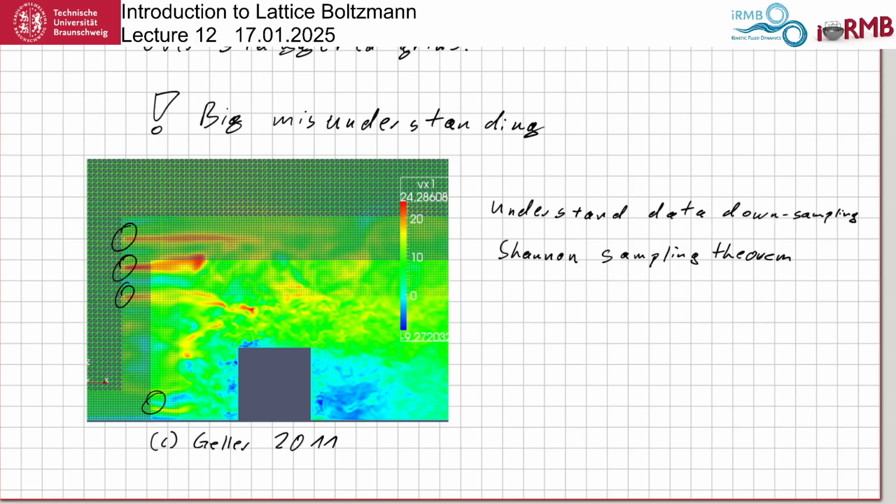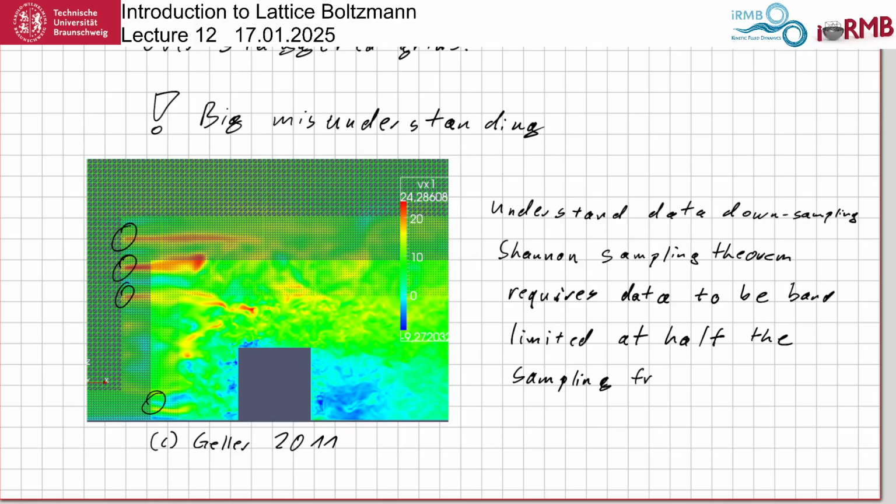The Shannon sampling theorem requires data to be band limited at half the sampling frequency to avoid aliasing.